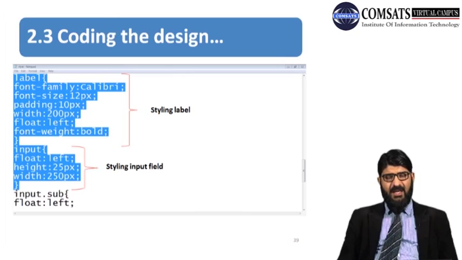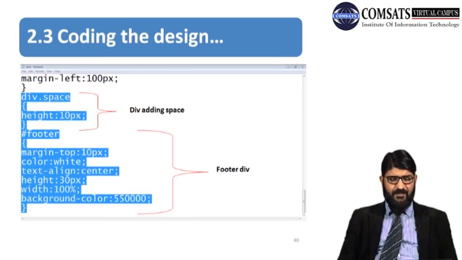So this will be the label properties for the styling. And then last, input is mentioned, float is mentioned left, height is again given in terms of pixels, and width is again given in terms of pixels.